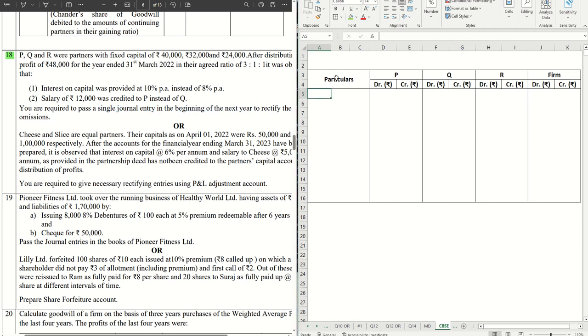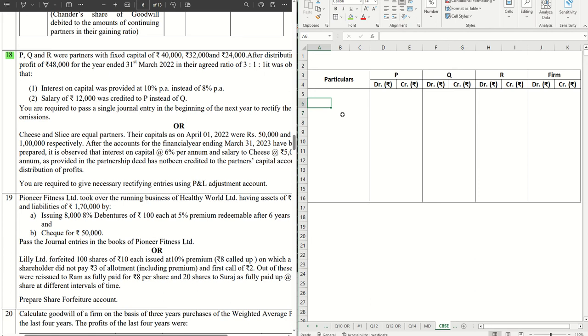Alright, this is the format that we use for this kind of sums to get a full clarity what adjustment is to be done. So the first one where the interest on capital was missed out, let's do the entry for that. Again, remember, we can't spend more time on such questions of 3 marks.